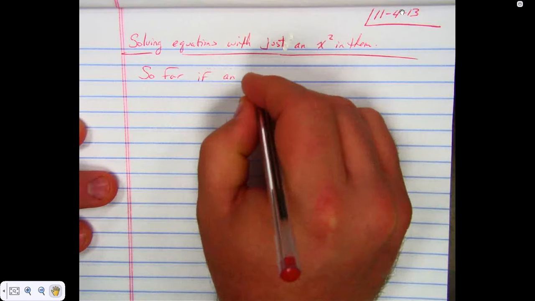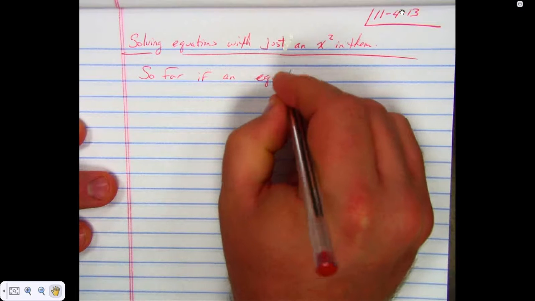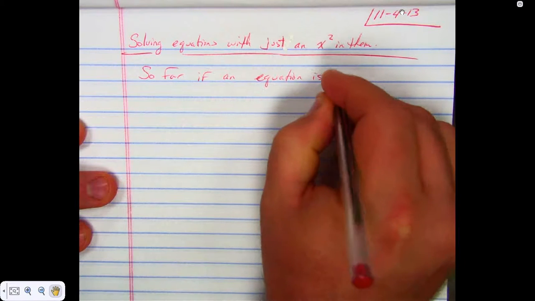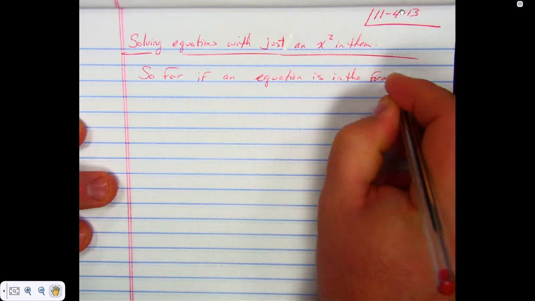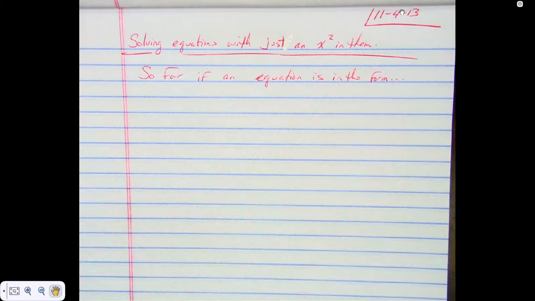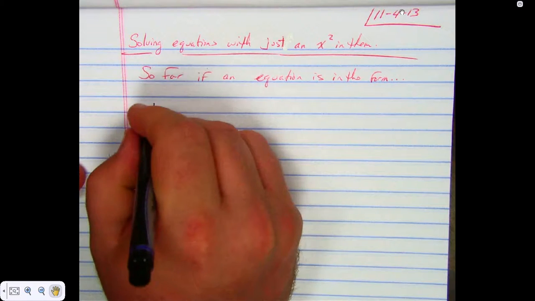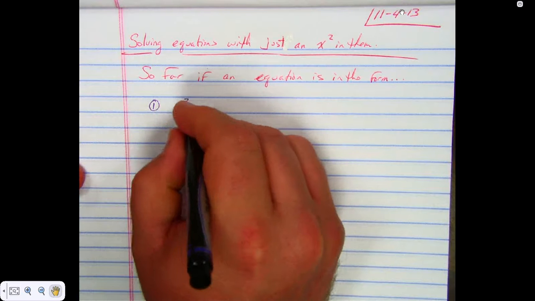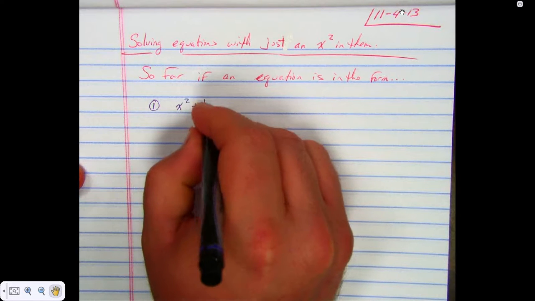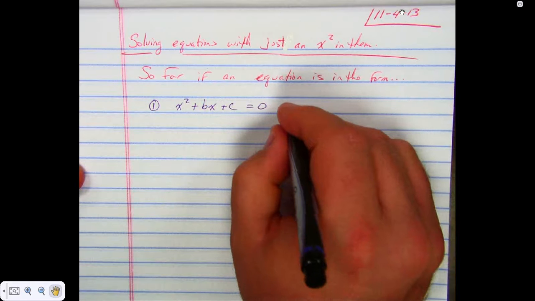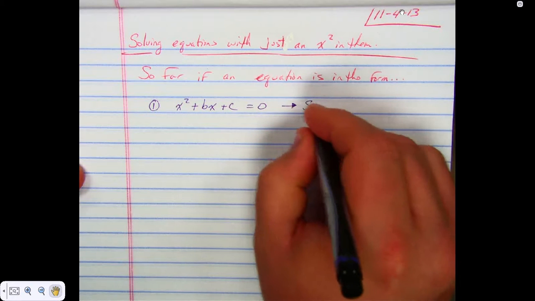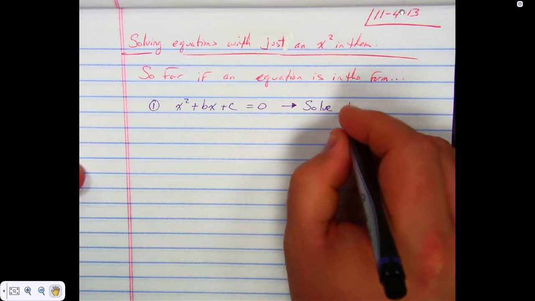If an equation is in the form x squared plus bx plus c equal to 0, we solve by what?